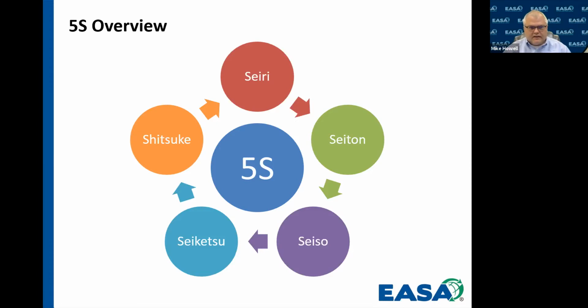So when you take these terms and put them into English, still trying to stay with that 5S, picking words that begin with S and translate fairly well, you get sort, straighten, shine, standardize, and sustain. And those are the 5 elements. So we're going to go through each one of those elements one by one now.